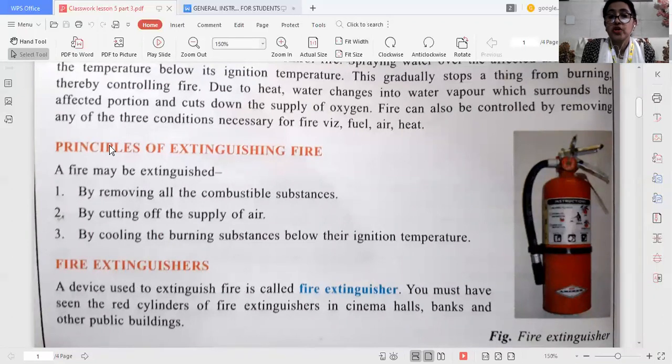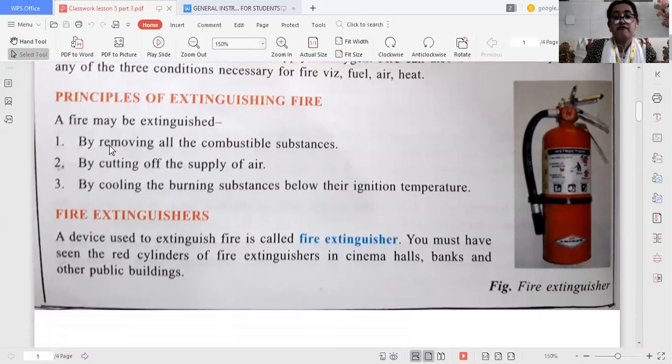So to extinguish fire, these three principles are important: removing the combustible substance, cutting off the supply of air, and cooling the burning substance below its ignition temperature.